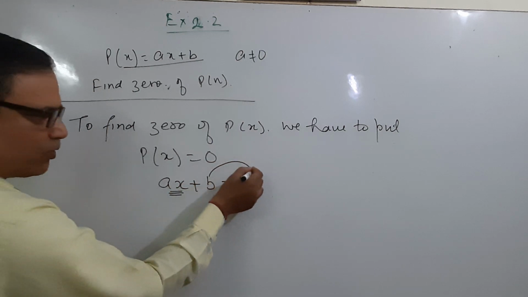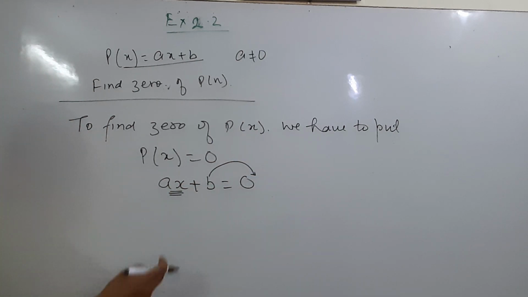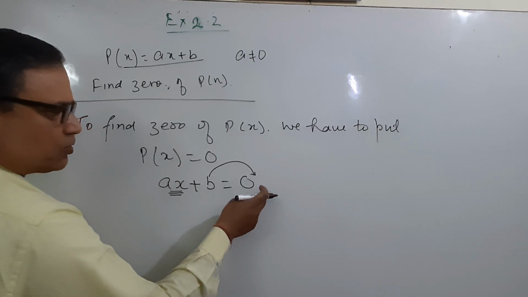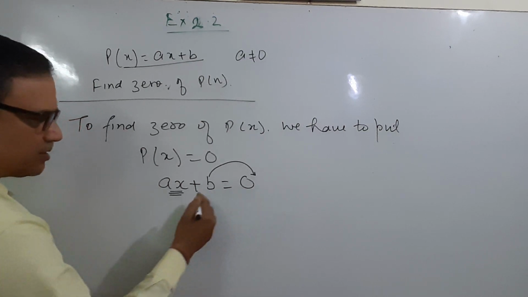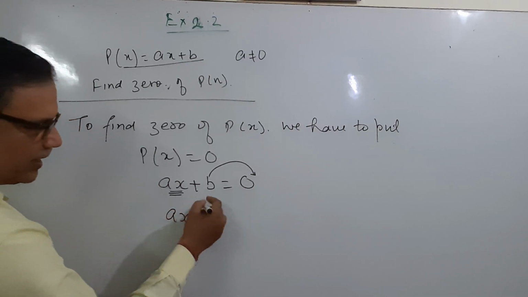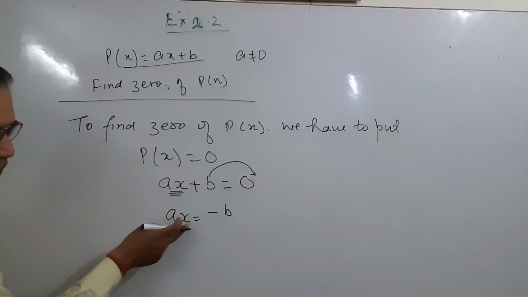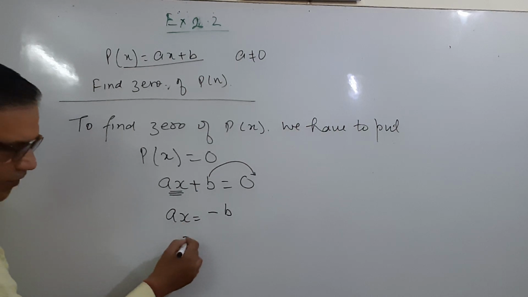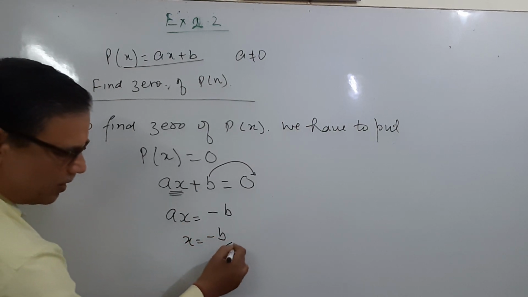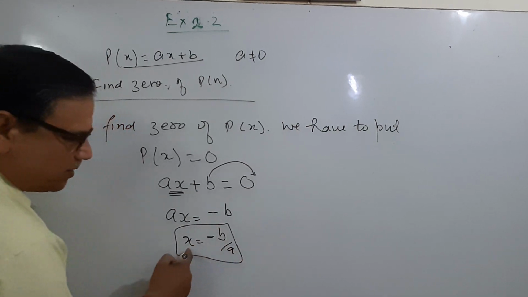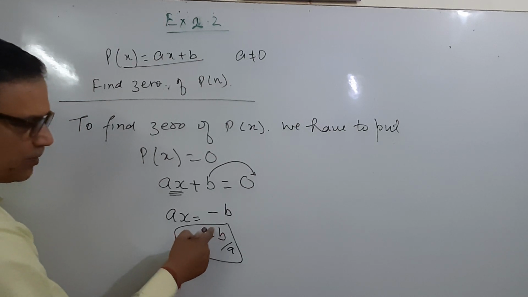That means b will go to the right-hand side, and the plus sign will change. ax is equal to minus b. a is multiplied by x. Then what is the value of x? It is minus b upon a. It means x is equal to minus b upon a.